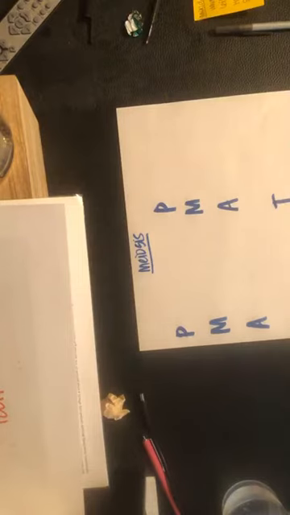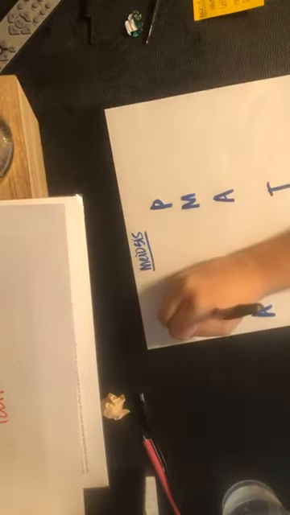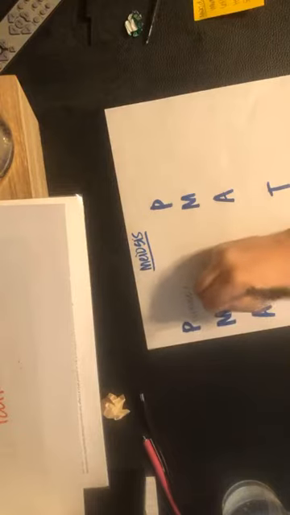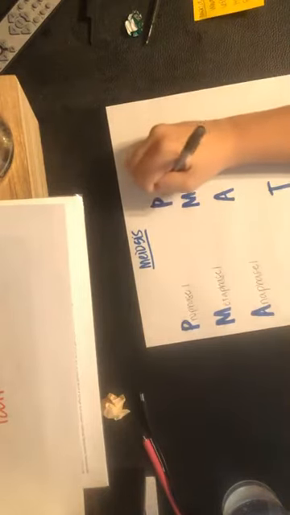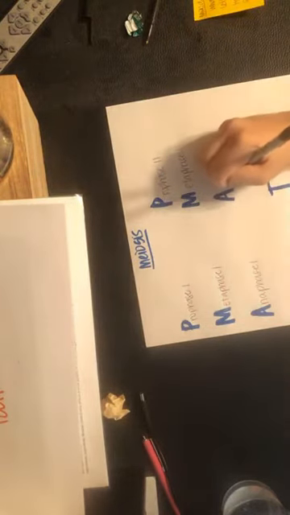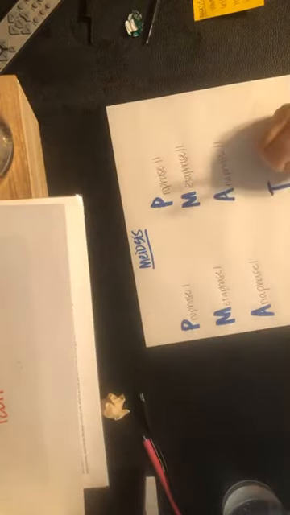So we still go through those same steps of prophase 1, metaphase 1, anaphase 1, and telophase 1, which would be the first round of division. And then we go through prophase 2, metaphase 2, anaphase 2, and then telophase 2.